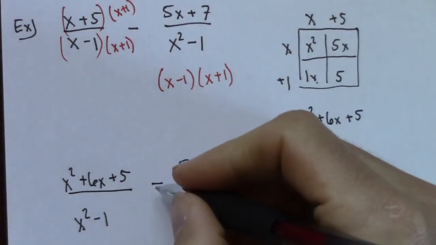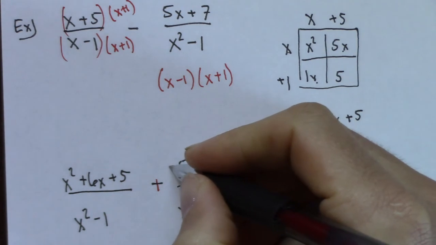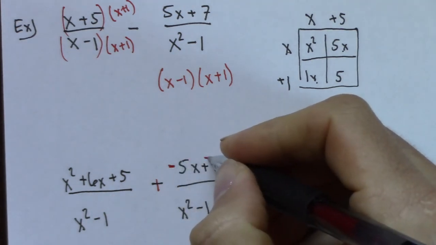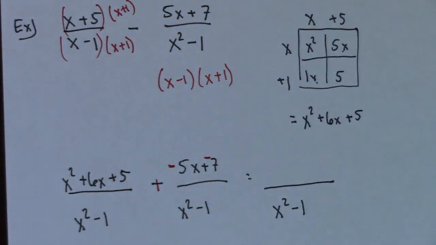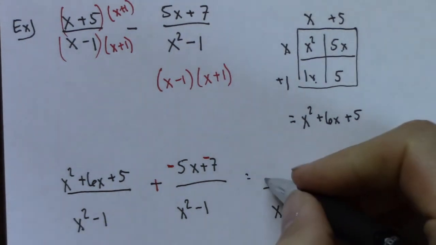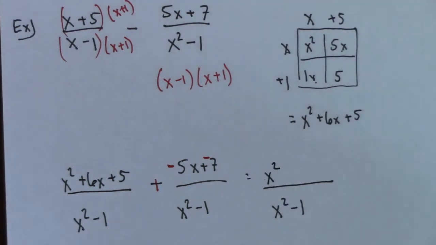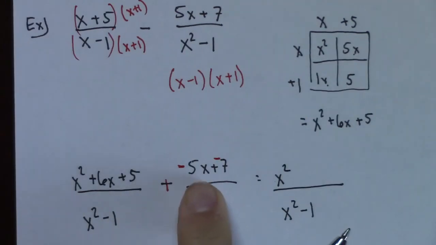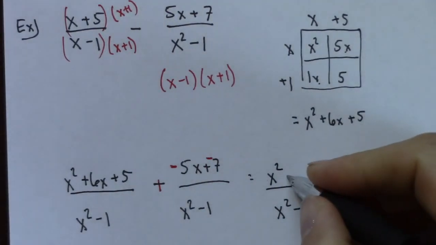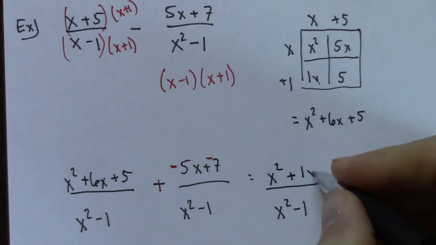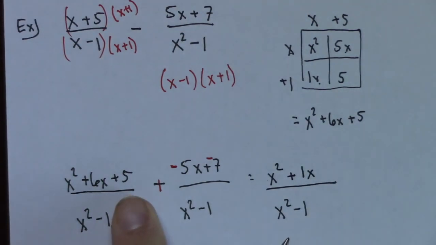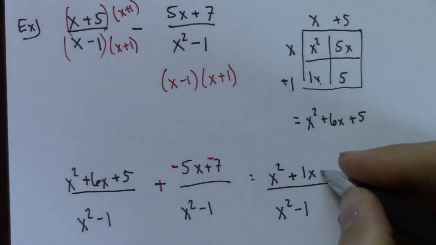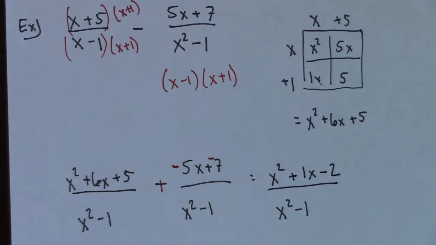I'm going to change it to addition, and then I'm going to change both signs of the next part. I've got an x squared that's going to combine with nothing, so it's just left over on its own. I've got a 6x and a minus 5x, which is going to give me a plus 1x. And then I have a plus 5 and a minus 7, which is going to give me a minus 2.